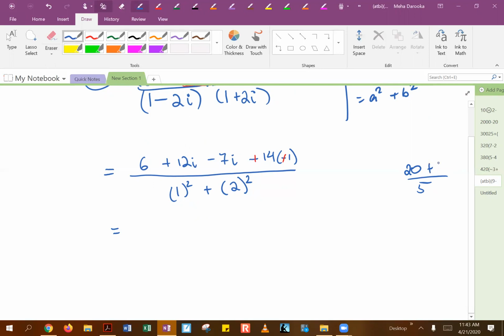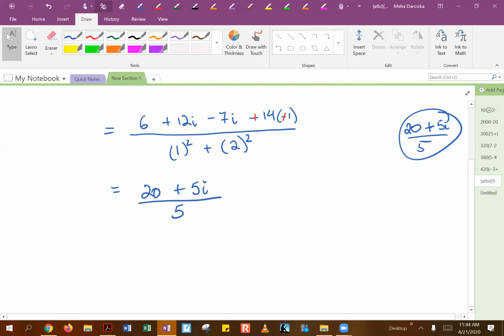So you're changing this to 20 plus 5i over 5? Yeah. All right, let's see. Because you're adding basically 6 with positive 14, which should give you 20. And then positive 12 minus 7i, so that will give you positive 5i. And then on the denominator, you of course have 1 plus 4, which adds up to 5.